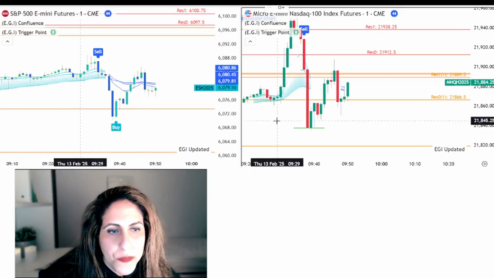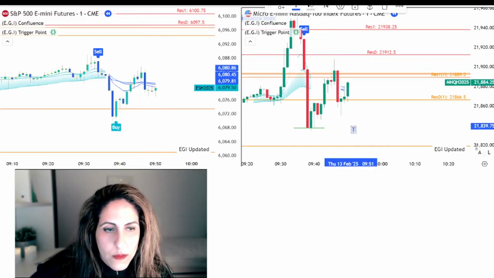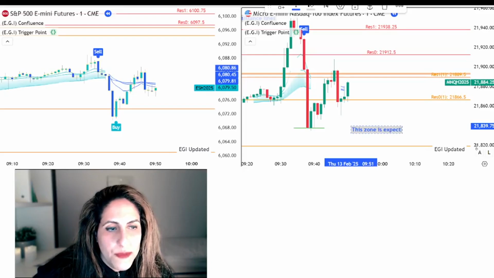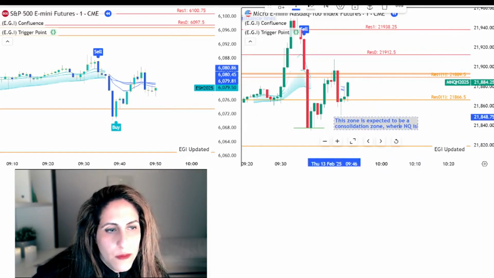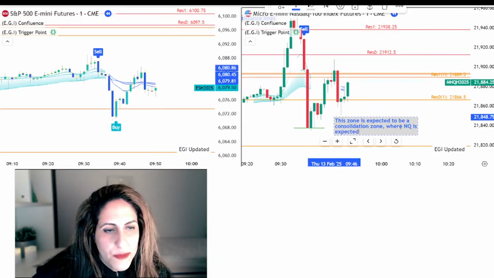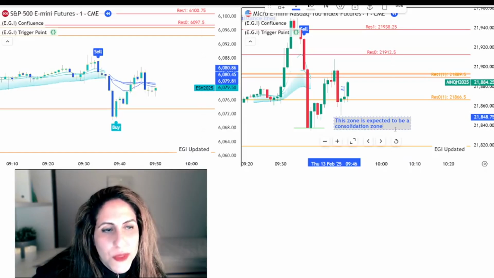Okay, now let's continue. Let me write it down. To be a consolidation zone where NQ is, okay, so this zone is expected to be a consolidation zone for NQ until it breaks and catches its direction.